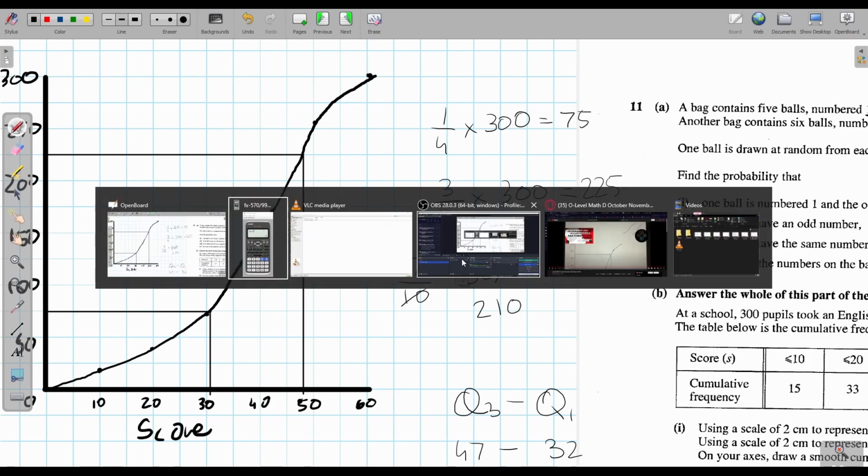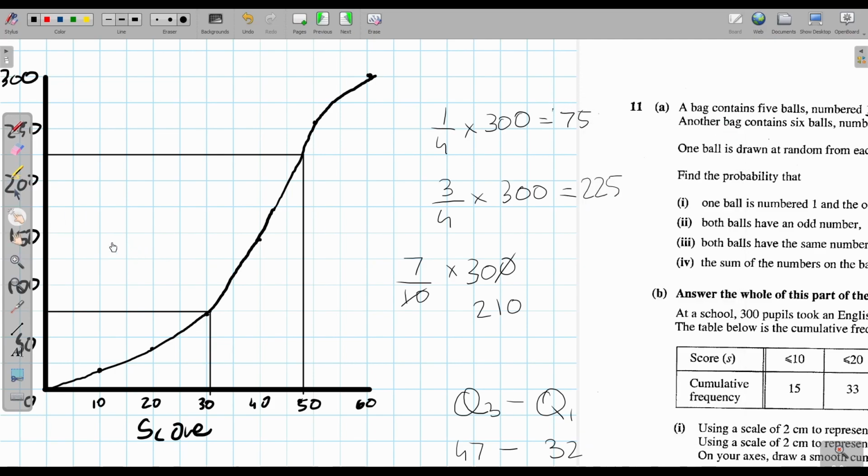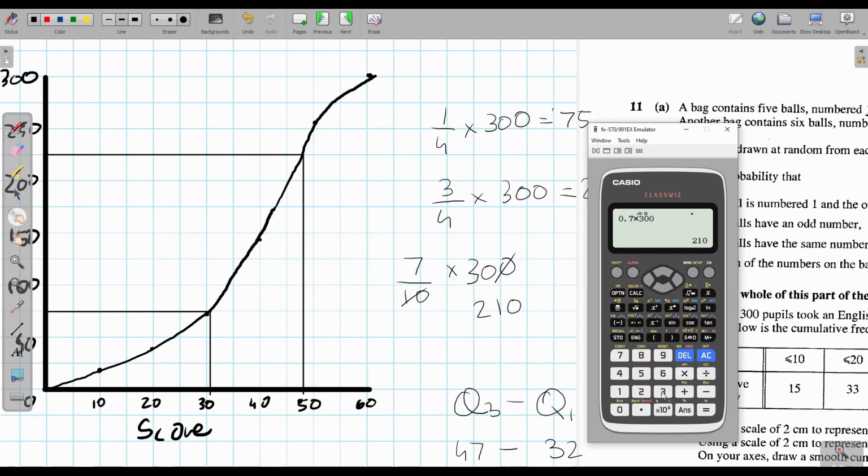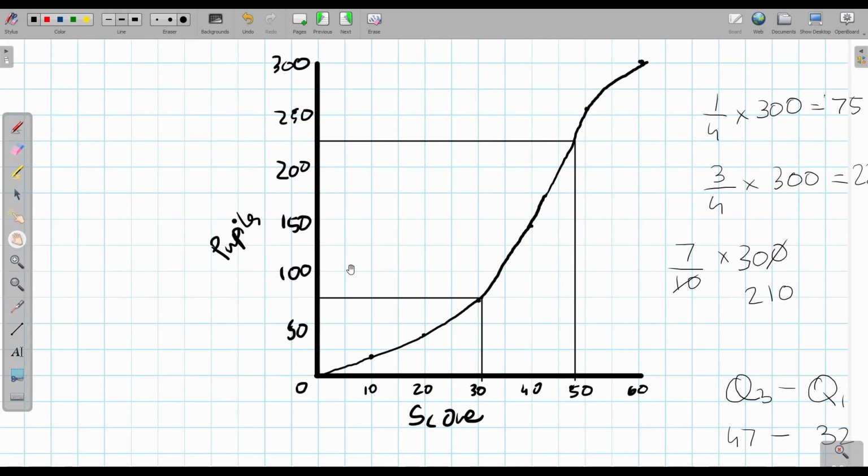And again, I can use the calculator as well to figure that out. So 0.7 into 300 is going to give me 210. Okay, so 210 pupils need to be above the line. So actually, we want to do 300 minus 210, and that's 90. So 90 is where the line is.